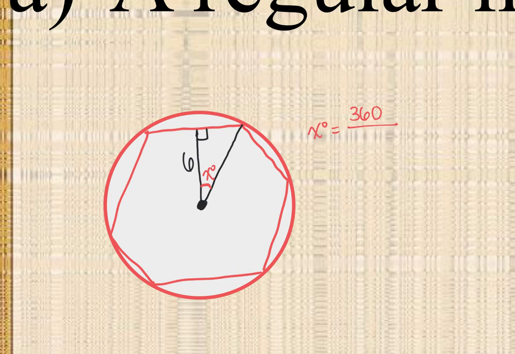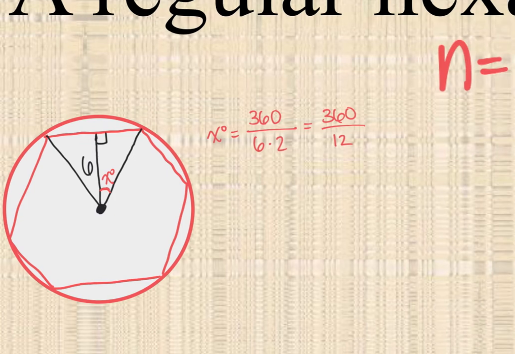What was the number of sides here? 6, but also divide it by 2. So we're going to get 360 divided by 12. Because this is half of a central angle. Do you guys agree that this would be a central angle? Yeah. So x is going to be half of it. So we do 360 divided by 12, and that'll give us that this angle is 30 degrees.